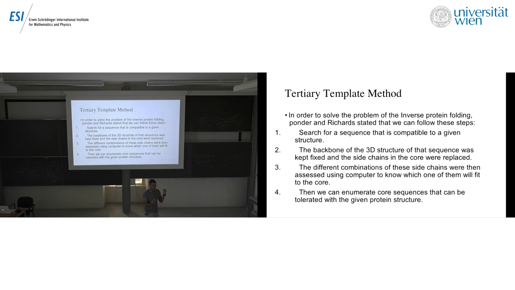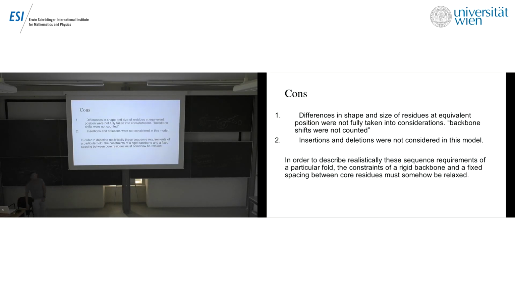But this method had two cons. The first was that differences in shape and size of residues at equivalent positions were not fully taken into consideration. We were not able to differentiate between different amino acids in these places. You can place any amino acid in this place and it won't say no.